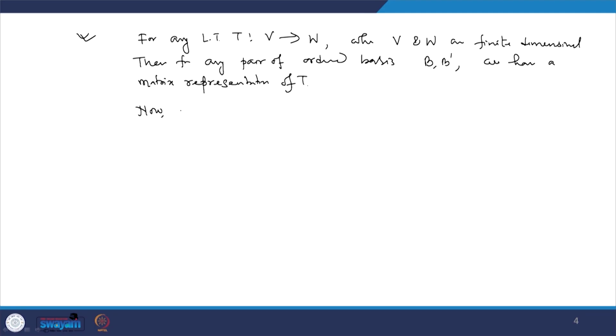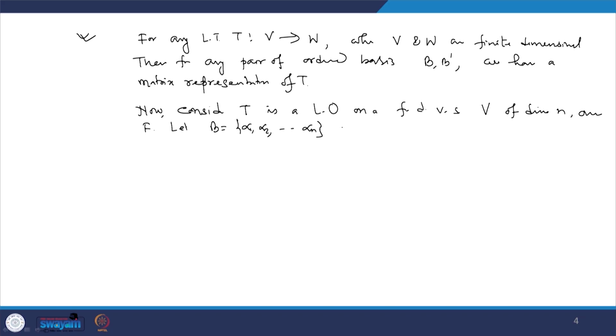Now, consider T is a linear operator on a finite dimensional vector space V of dimension n over field, say, capital F. Let B equal to alpha 1, alpha 2, up to alpha n be an ordered basis for capital V. Since V and W are the same, I will also have a matrix representation of T related to the ordered basis B and B, because both are the same.